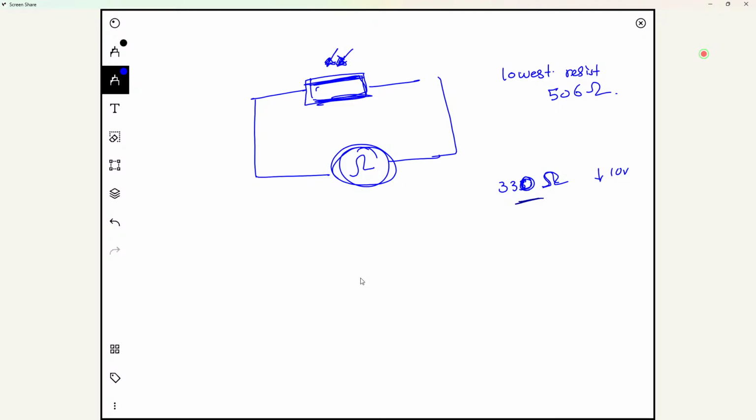You can use this value safely. I'm not going into details of how this value is computed, but I hope that you know we cannot connect an LED directly to the power supply.